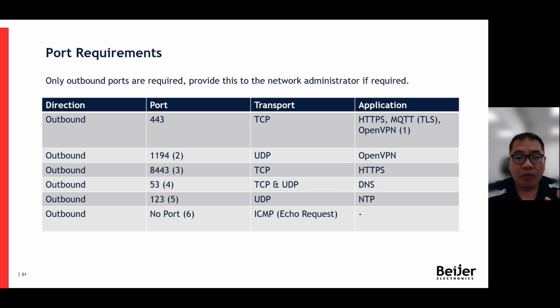Of course, there's also the OpenVPN connection port, 1194. This list is provided for you, so feel free to use it and share it. Later in the presentation, we also highlight where you can easily find this information.